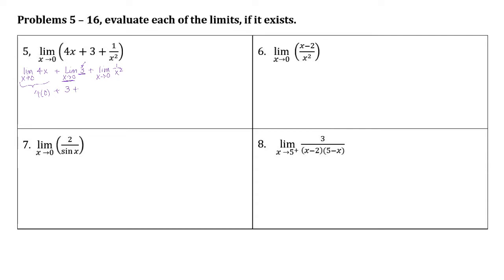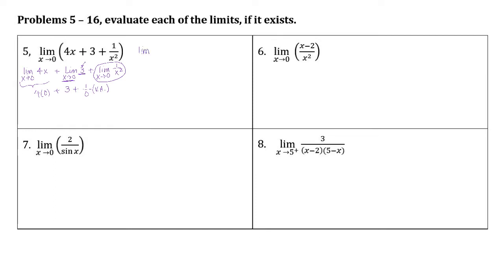Plus, now this is where it gets a little bit messy. That's 1 over 0. Well, 1 over 0 implies a vertical asymptote. So we have to see what's going on with this particular function on the left and right. So we will need to split off that limit and break it into 2 separate parts.